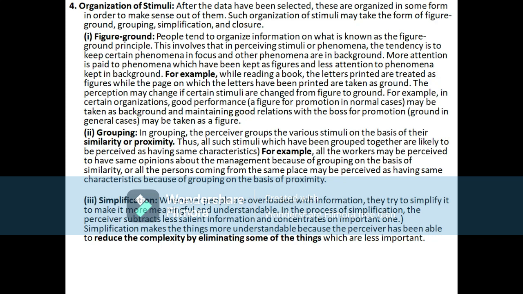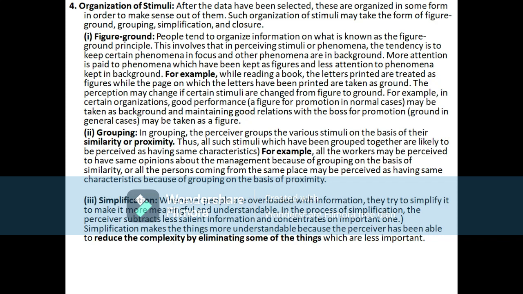Here, the focus of the perceiver while perceiving the stimuli or the data will be on the figure principle, not on the ground principle. The figure principle will have more attentiveness.